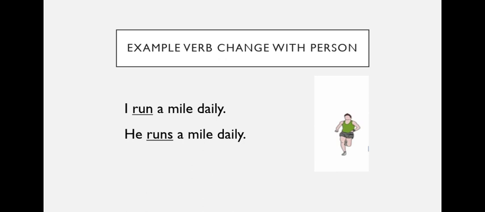Correct? Now in the second example, we have the subject he, which is in the third person, and so the verb changes to runs. So, he runs a mile daily. Here again, both the verbs run and runs are finite verbs because they change according to the person. Is it clear, class? Alright, let's go to the next slide.